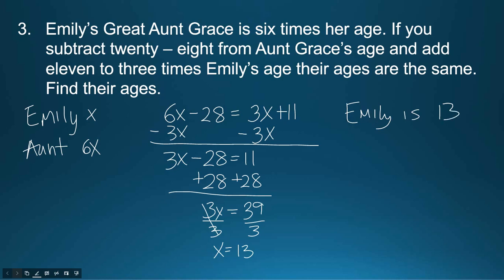And remember from the original sentence, her great aunt Grace is 6 times her age. So her aunt is 13 times 6, which winds up being 78. Done. All right, let's see another one like that.